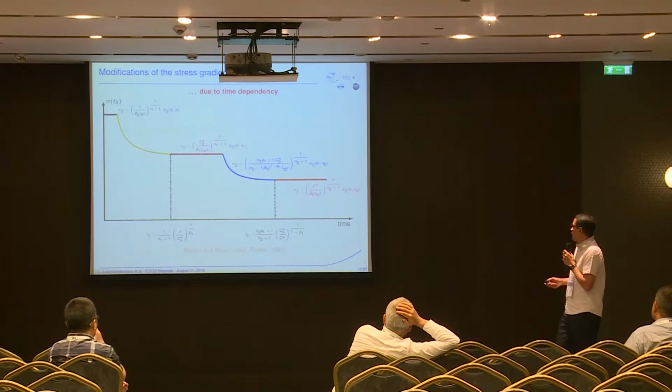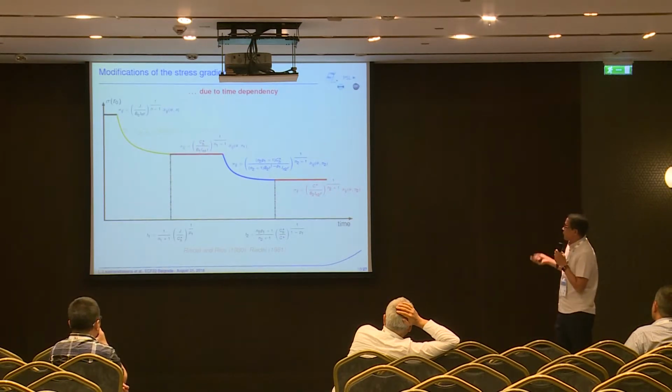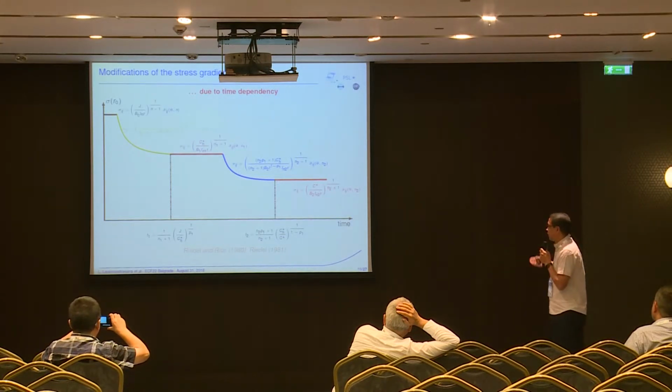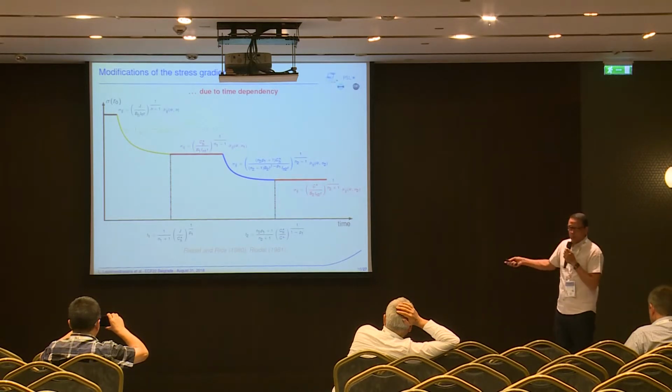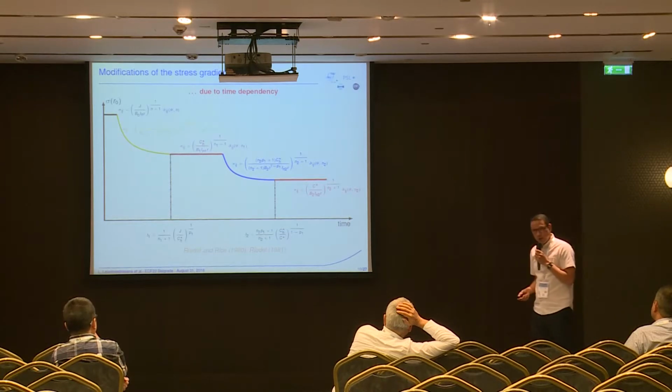Okay. Now, the second modification is about the time singularity, because if you have time-dependent nonlinear behavior, at a fixed distance from the crack tip, theoretically, you have stress relaxation.